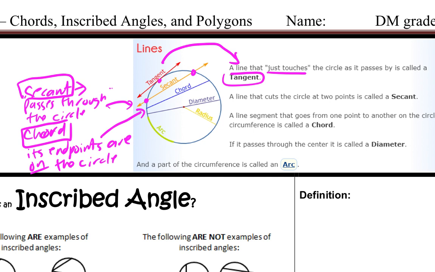The secant goes through it, the chord stops right there. So that's the main difference. We're going to talk about those today: a secant, a chord, and a tangent. We said a diameter is a chord that goes through the center. It has to go through the center to be a diameter. And then we said a part of the circumference, like right here, is called an arc. We're going to use that arc today as well.